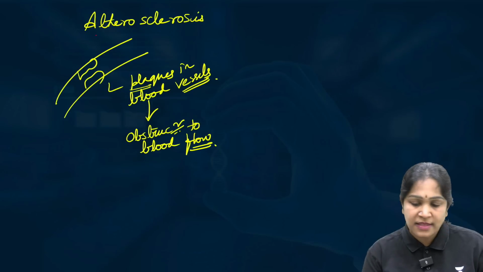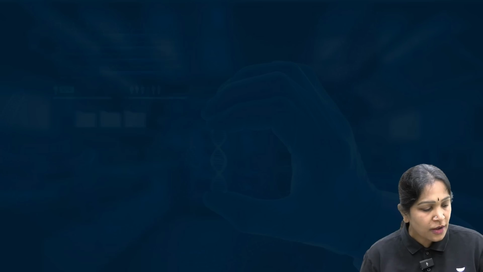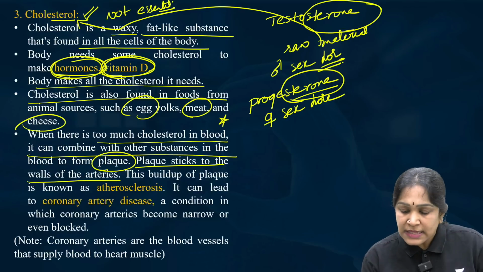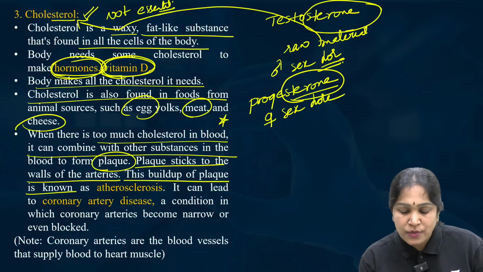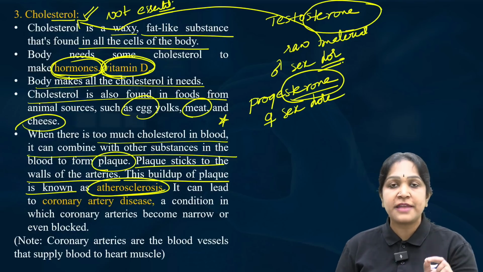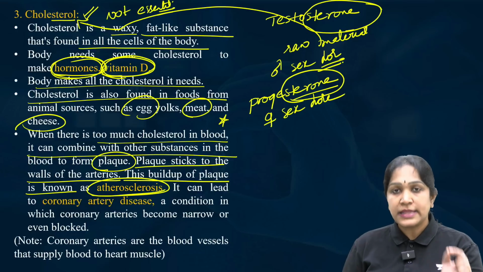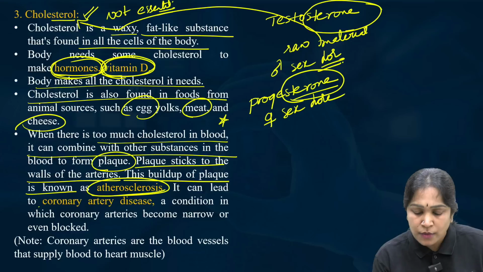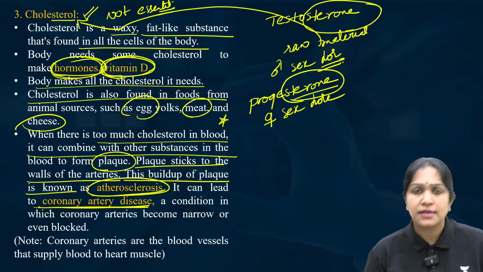As you can see here, they will stick to the wall of the arteries. This buildup of the plaques is known as atherosclerosis. Atherosclerosis is a fatty plaque deposition in the blood vessels, importantly arteries. It can lead to coronary artery disease.